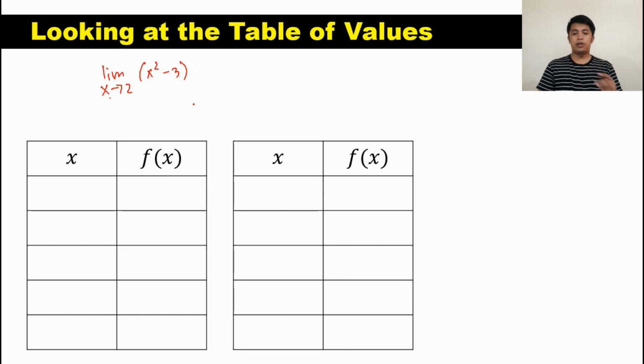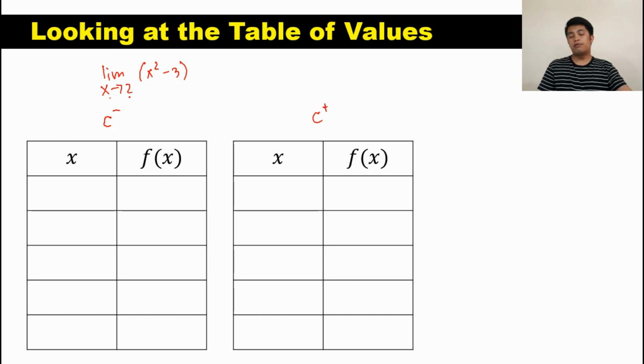And kaning tables, we will list down values that are less than but moving closer and closer to 2, so that is our C negative, and C positive. These are greater than our C but approaching C. In this example, ang value nga i-approach is 2.